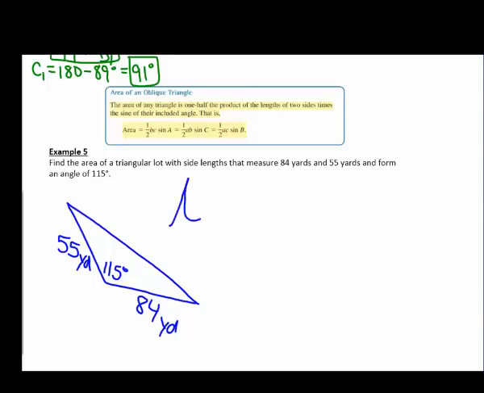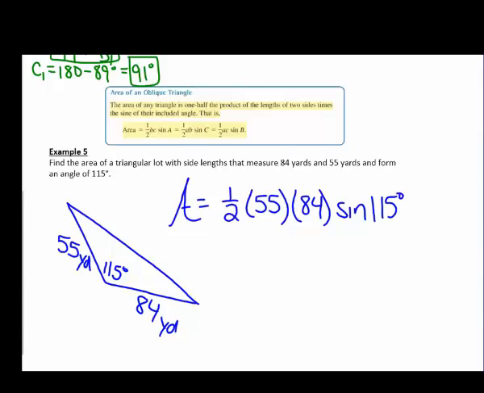And so we have the area equals 1/2 one of the sides times the other side times the sine of the angle that those two sides form. So that's 115 degrees. And then you're just going to plug that into the calculator. And again, make sure you are in degree mode when you do this.